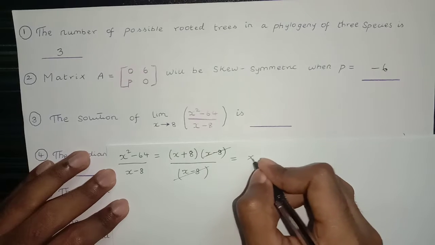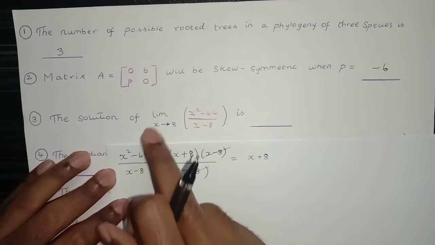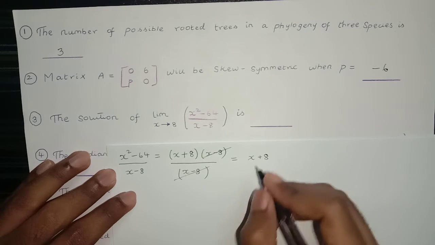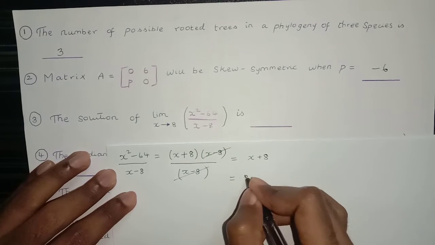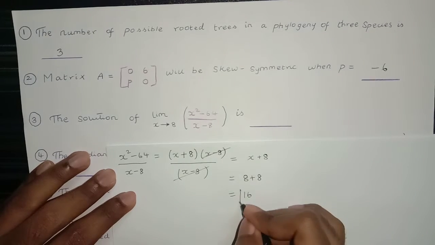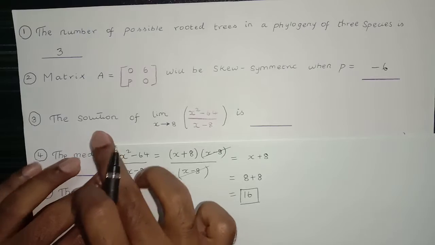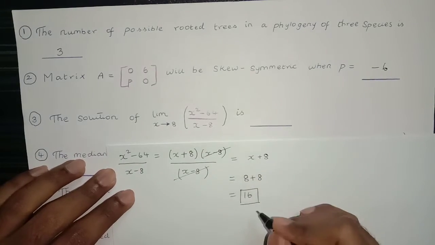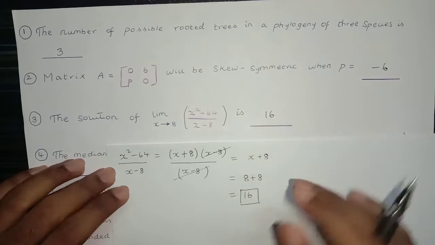So we are left with x plus 8. So limit x tends to 8, we need to apply x is equal to 8, which becomes 8 plus 8, nothing but 16. So the solution of the limit x tends to 8 of this f of x is equal to 16.